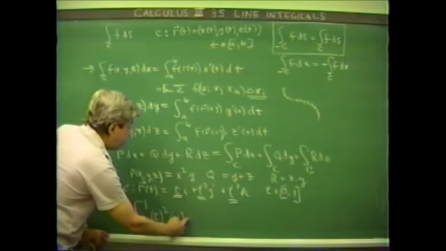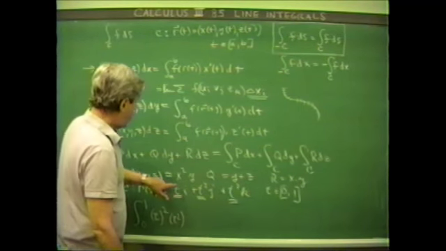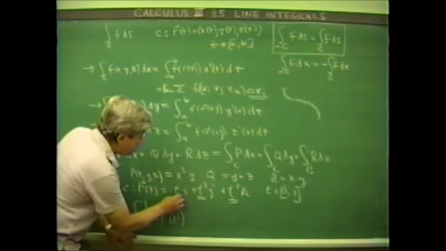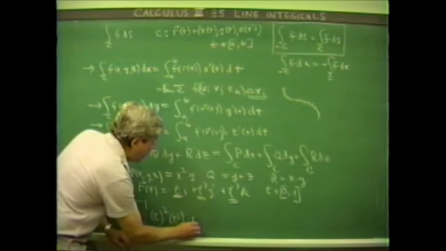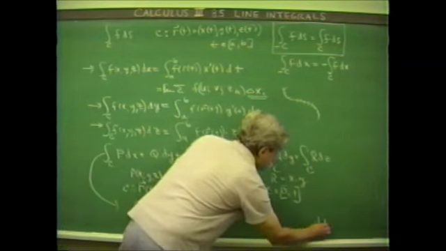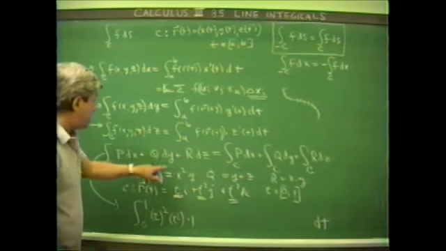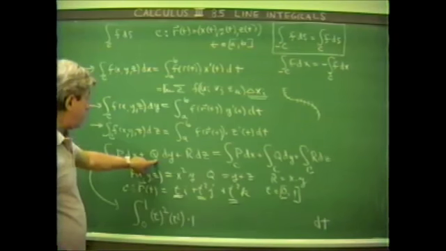Now this is with respect to x, so we take x prime of t. x of t is t, so x prime of t is 1, and this is dt. We can combine this all together because there's going to be a dt involved in every one of these integrals.